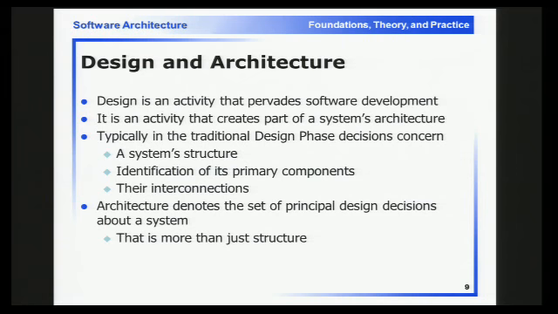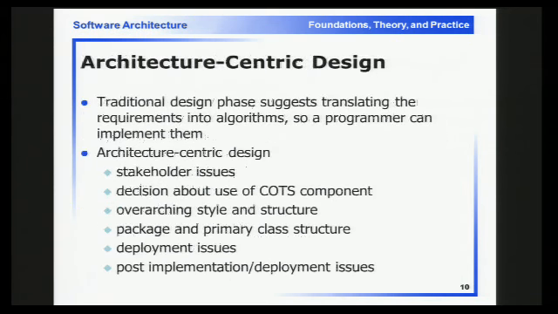Which means architecture doesn't capture all the design decisions. We're going to talk about what can be considered as the major design decisions, and what are not. But the design and architecture, the architecture especially, is more than just the structure. It's far more than just the structure. We're not going to show just the structure of the design, which is typically understood by most of the developers.